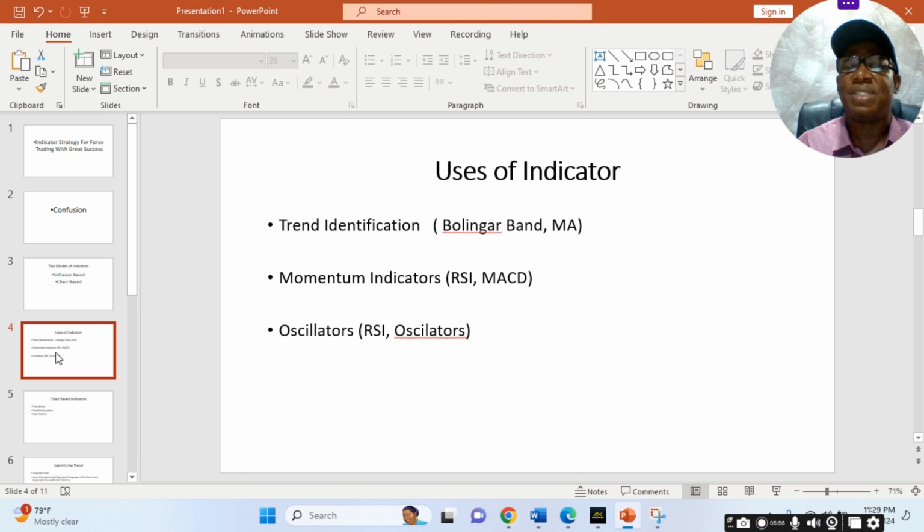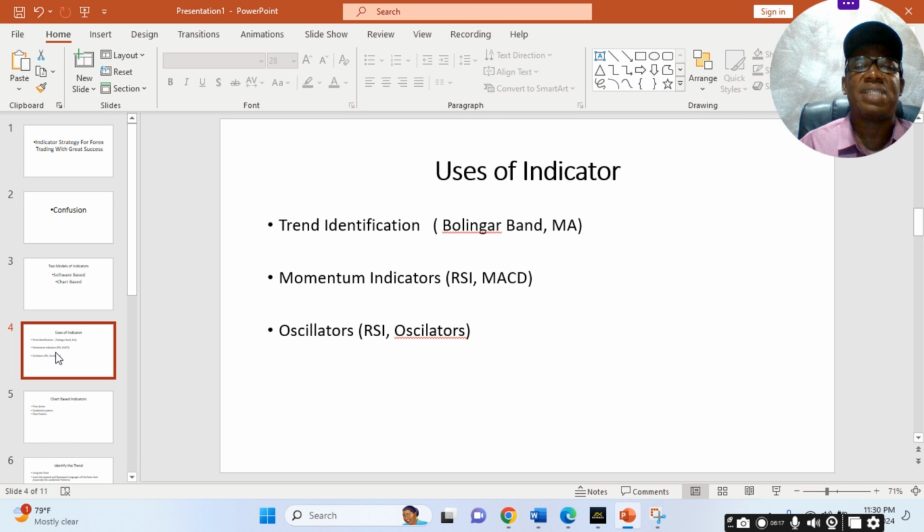So if you want to use indicator, you must know what it does. If you don't understand exactly what it does, it will never work in your favor. However, how do you use the software base and the chart based indicators?